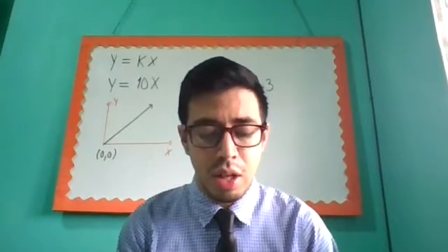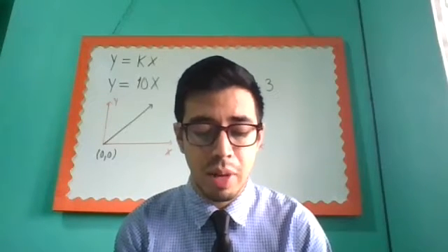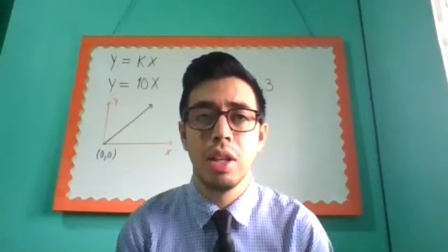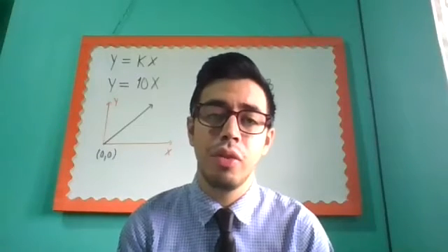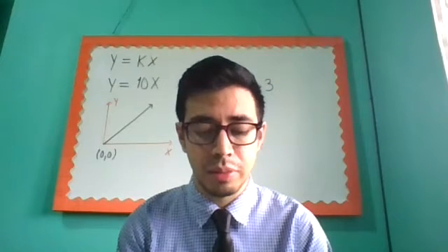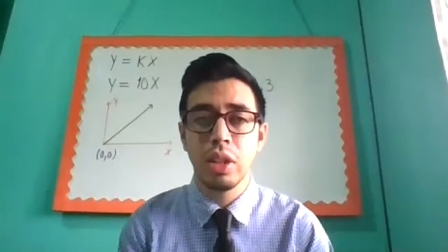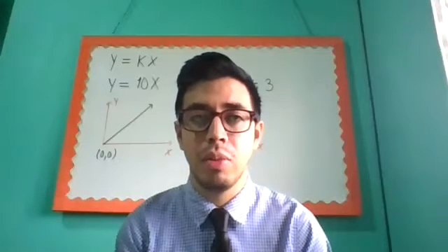For example, look, if you take 1 for x, what value do you have in y? 5, right? If you take 2 for x, you have 10 for y. If you take 3, for example, you have 15 for y.